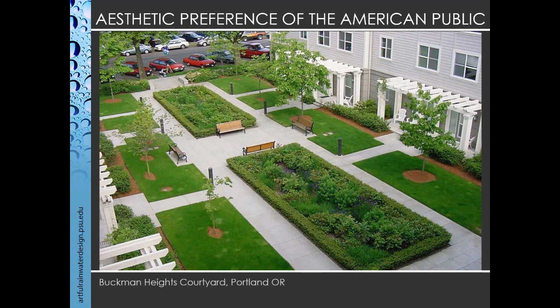So to bring that up, this is an example also in Portland, Buckman Heights. It's a courtyard design. In the middle of this courtyard are two bioretention systems, two rain gardens. And because of where it's located, they actually have a small privet hedge running around the whole thing, which is pretty well trimmed most every time I've been there. Not every time, but most of the time.